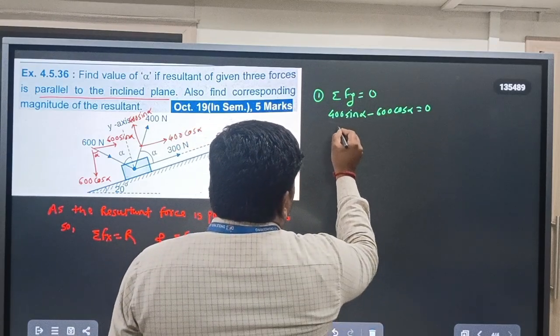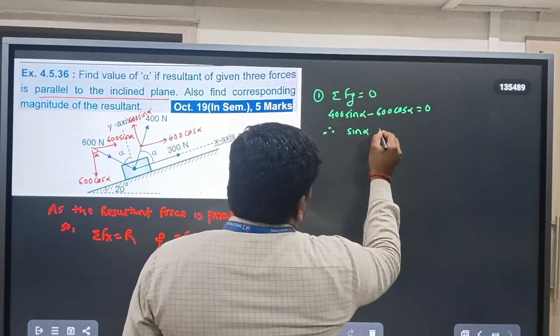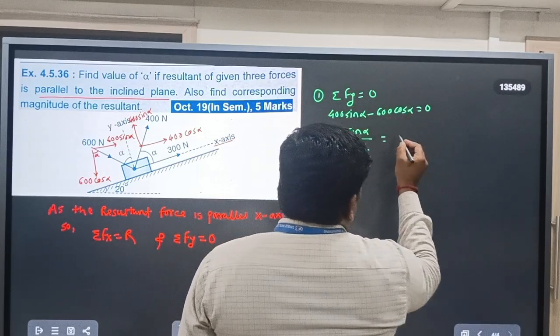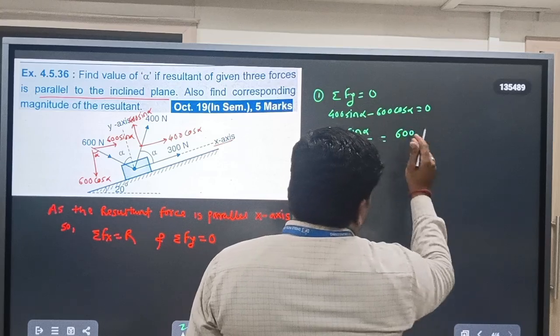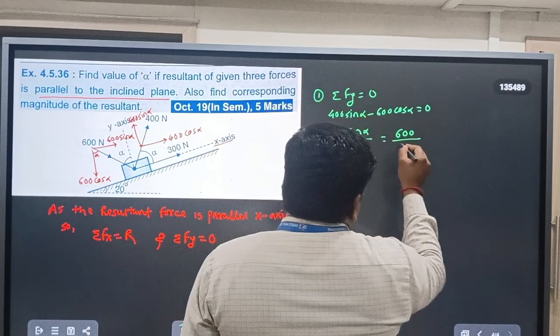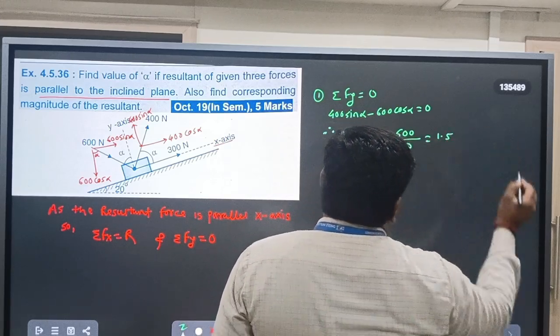So sin alpha upon cos alpha is equal to this, minus becomes plus, that is 600 over 400, with cos coming to the denominator on this side. So it is 1.5.